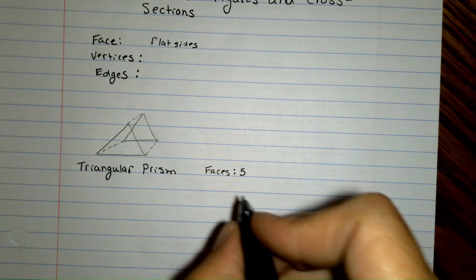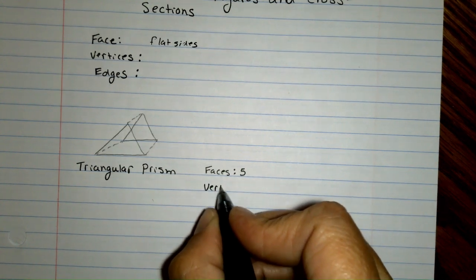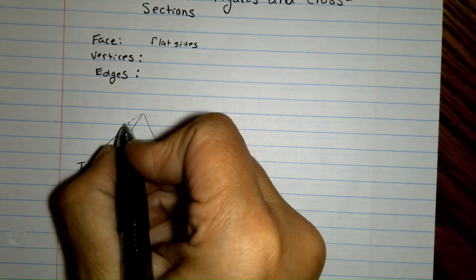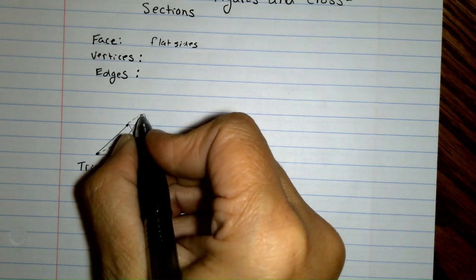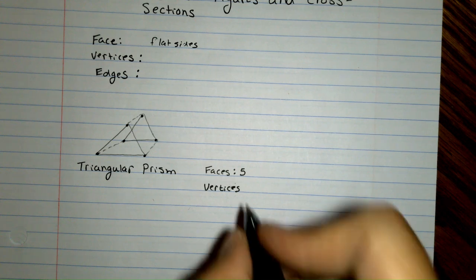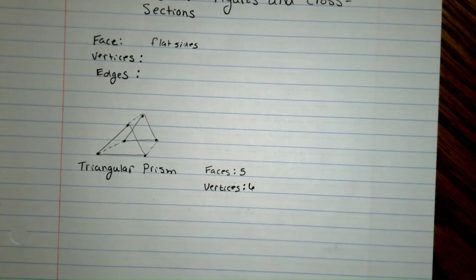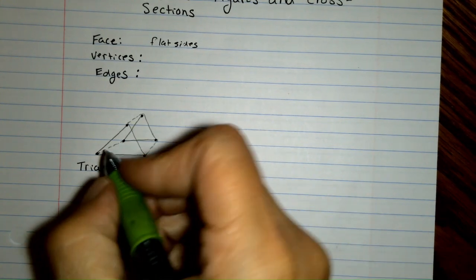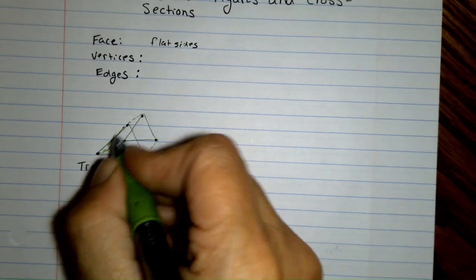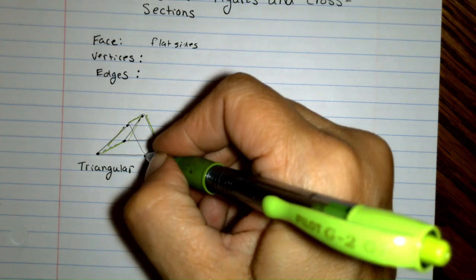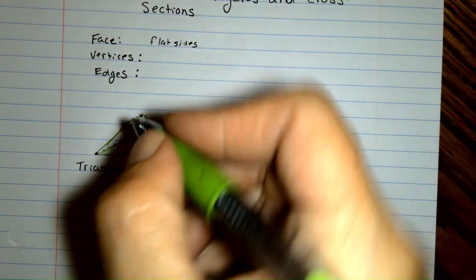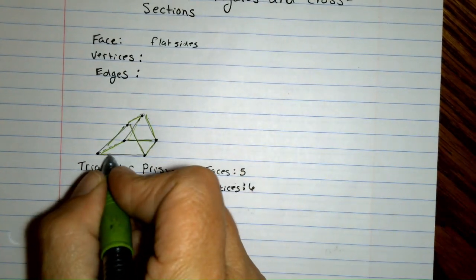When we talk about vertices, we'd have point, point, point, point, point, point. There's 6 of them. And when we talk about edges, we'd have 1, 2, 3, 4, 5, 6, 7, 8, 9.